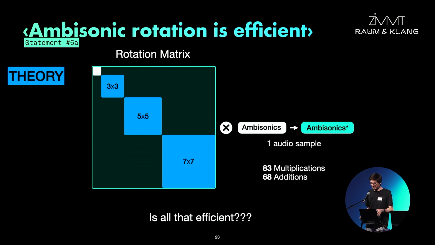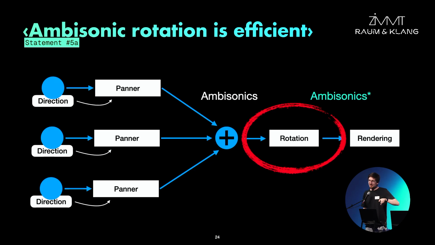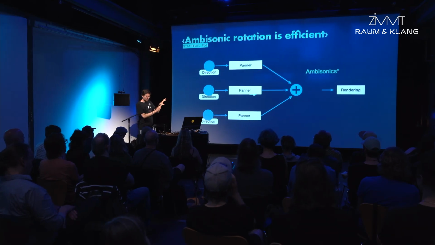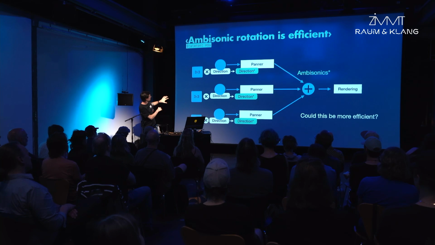There's no other option, right? Well, we could try to understand the question if it's efficient if we take a look at that audio graph we have here, because we could do something different. I told you about that 3 by 3 matrix where you can rotate vectors, like directions. So why not move all that rotation at the beginning?